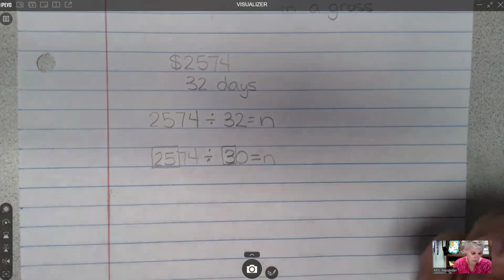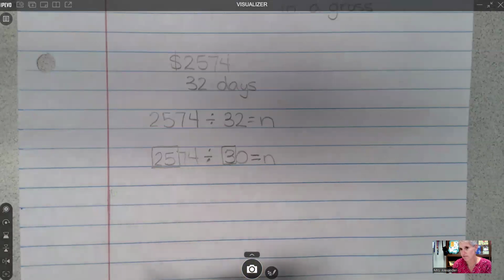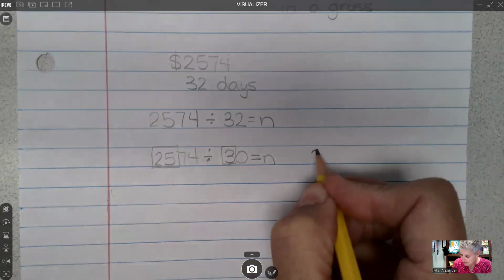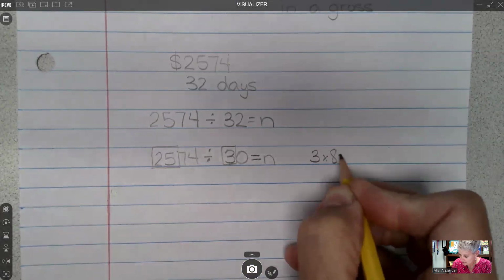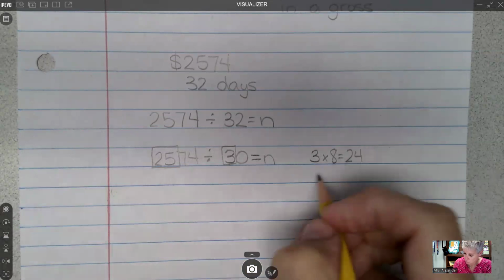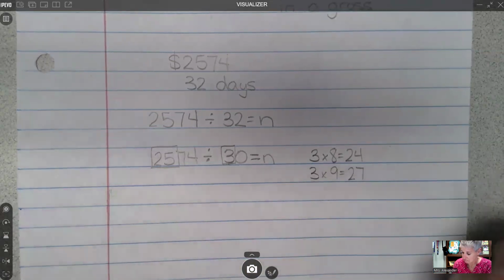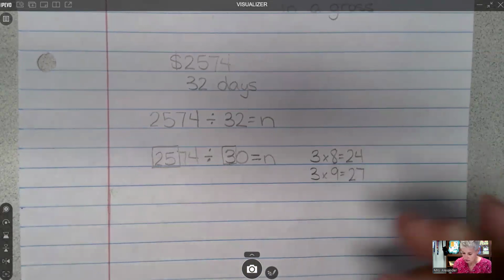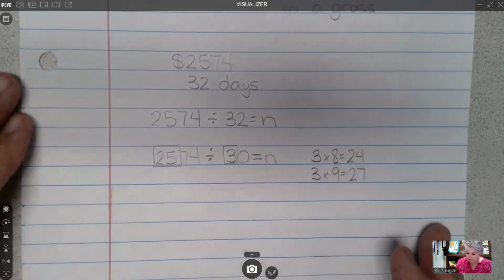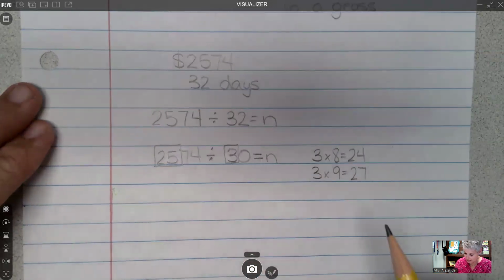So if I have to come up with 2 reasonable estimates, 3 times what is close to 25? You might be thinking 3 times 8 equals 24. That's close to 25. 3 times 9 equals 27. That's close to 25. So our 2 reasonable estimates would be about how much does she earn each day.